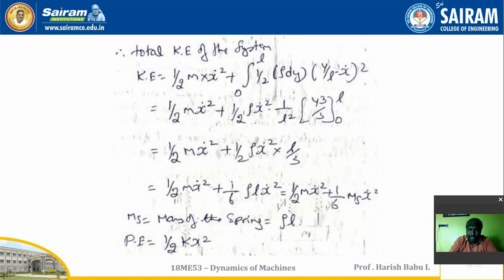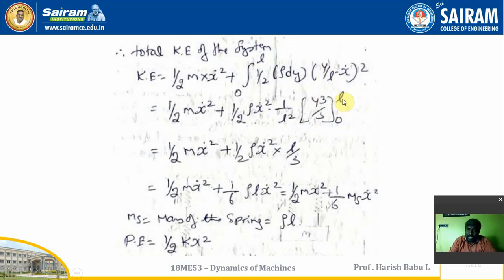The equation becomes integral from 0 to L of half rho dy multiplied by (y by L into x dot) whole squared. Taking the constants out, rho is a constant, so it becomes half m x dot squared plus half rho x dot squared multiplied by 1 by L squared, multiplied by the integral of y squared dy, which is y cubed by 3, with limits 0 to L.